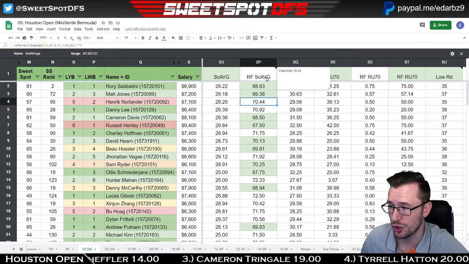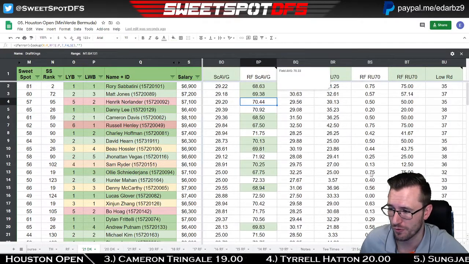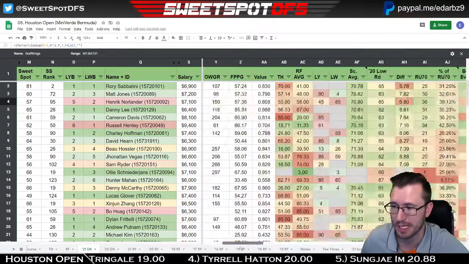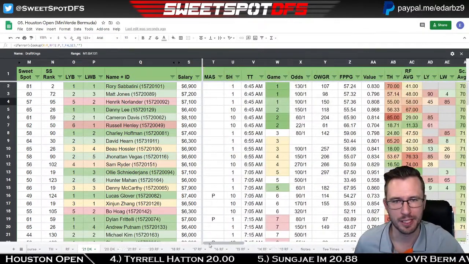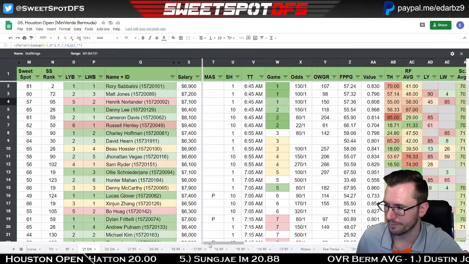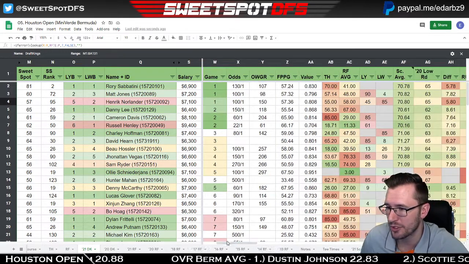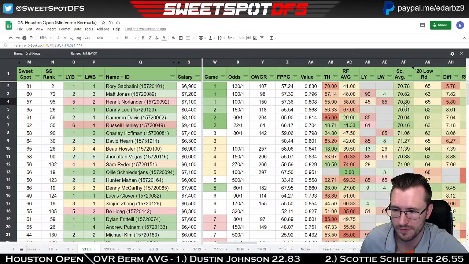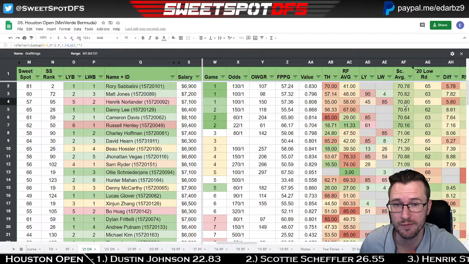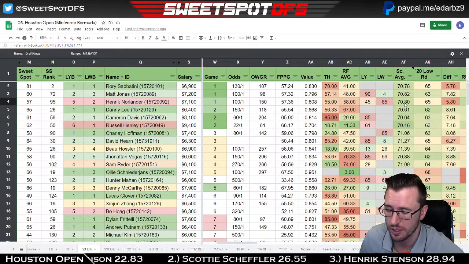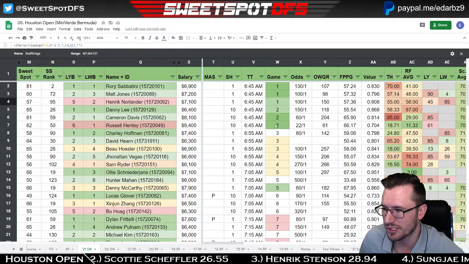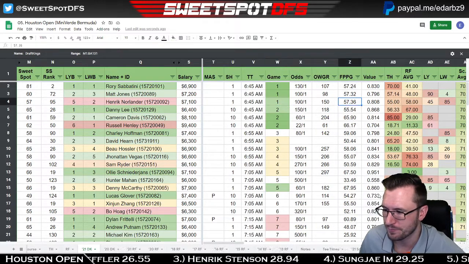He's just above it at 70.44, but he also has just not been playing that well coming into this tournament. That's why he's green, because for season-long scoring average he is underneath the field average, which was, again, 70.94. His is at 70.80. So that's why he is just a lighter shade of green.